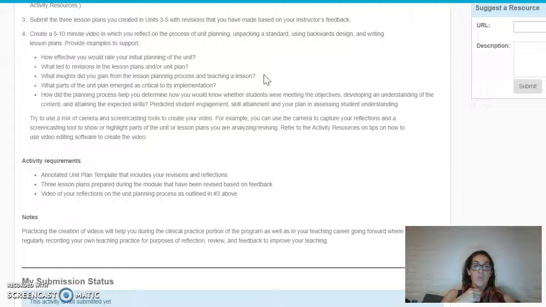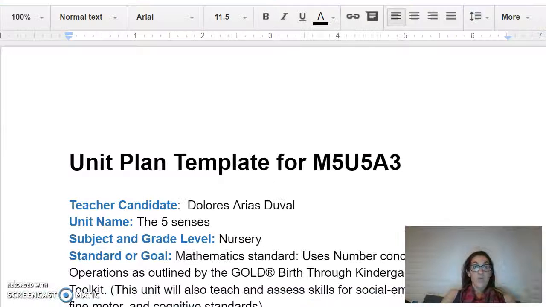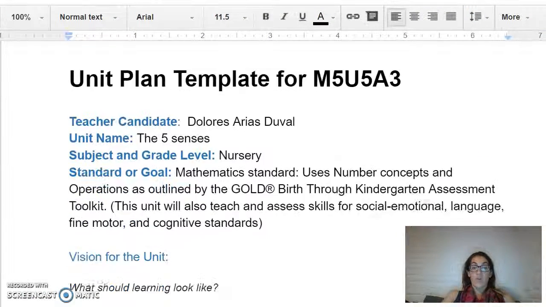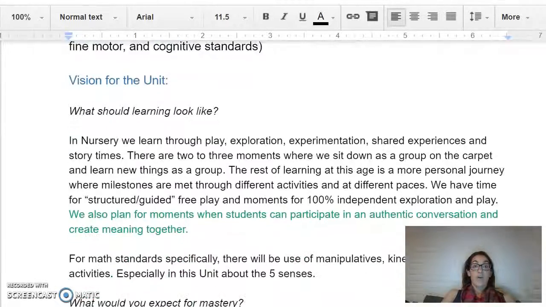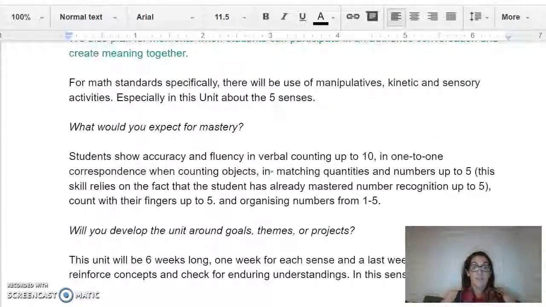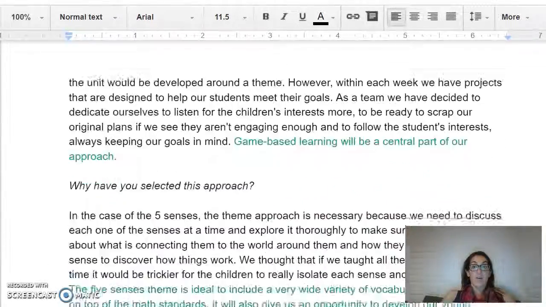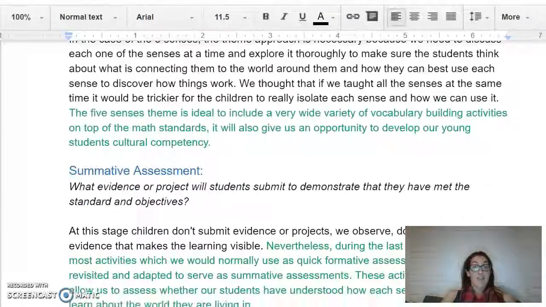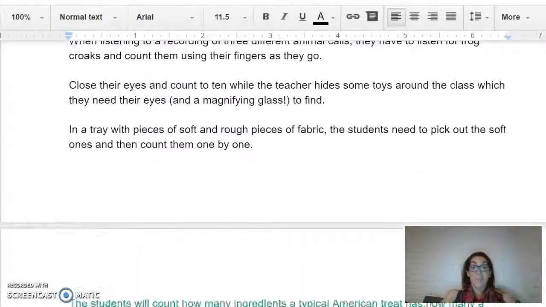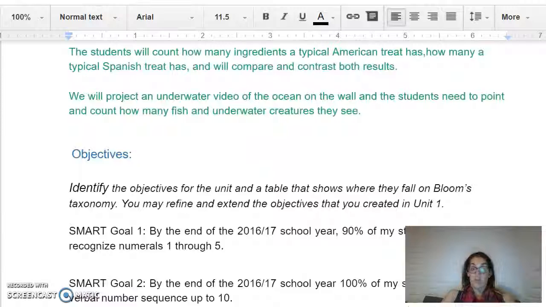What parts of the unit plan emerged as critical to its implementation? Now, let's go back here to the unit one. The truth is that this is a unit that I haven't been able to implement because it's not a unit that we're working on.